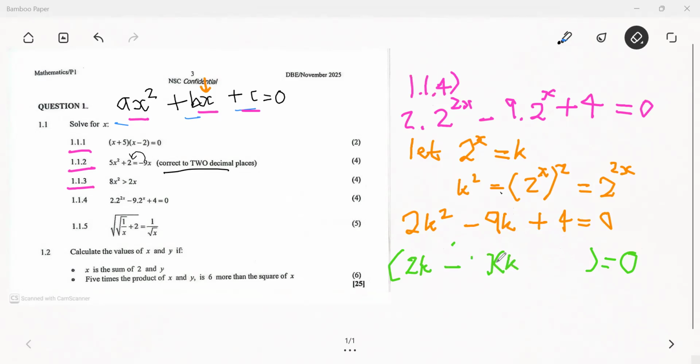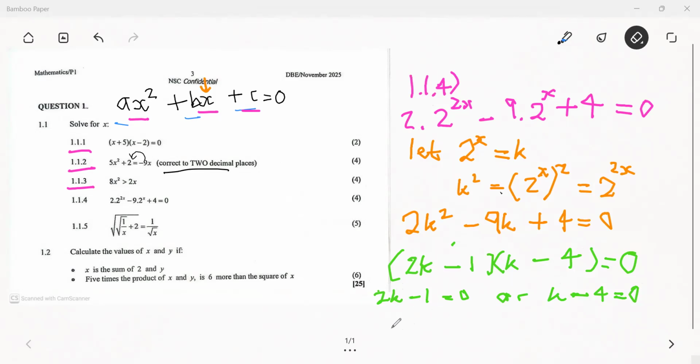Once again, two brackets multiplied to give you 0, so set each bracket equal to 0. For the first bracket, 2k minus 1 equals 0. Second bracket, k minus 4 equals 0. And then I get two solutions.